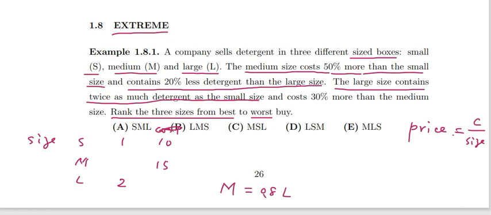And it costs 30% more than the mid size. The mid size costs $15. So 30% more means we need to multiply by 1.3. So this equals 19.5. So the large one costs $19.5.